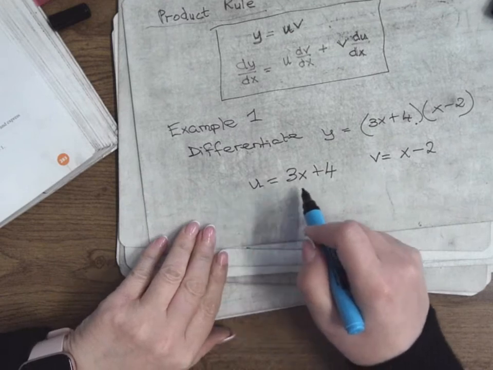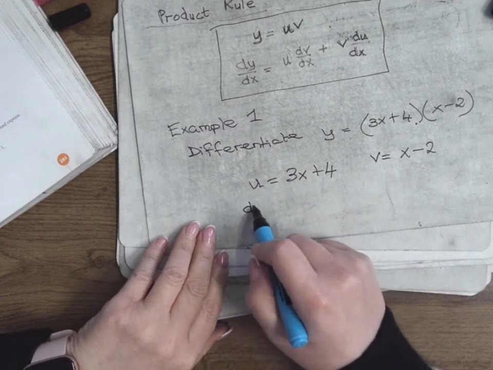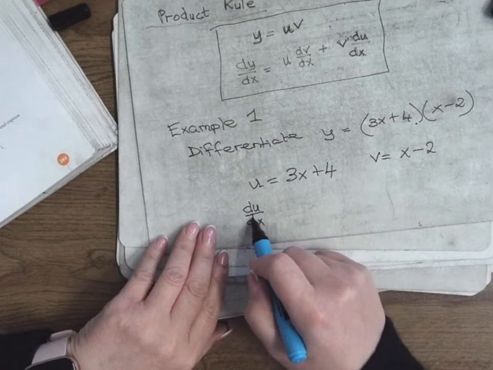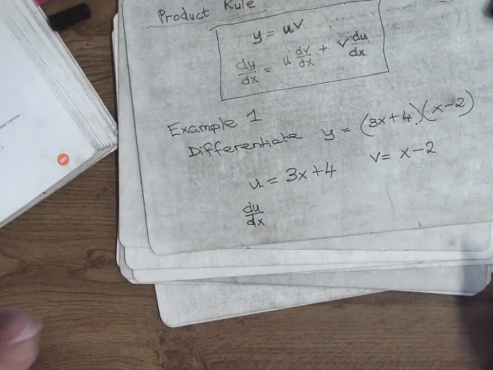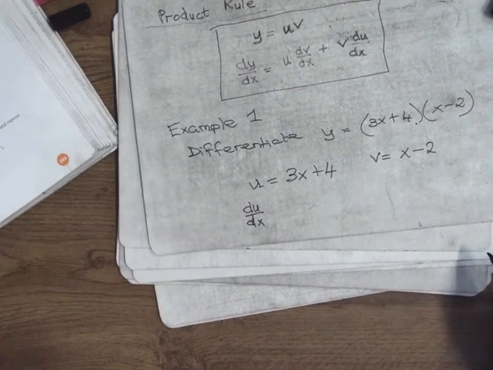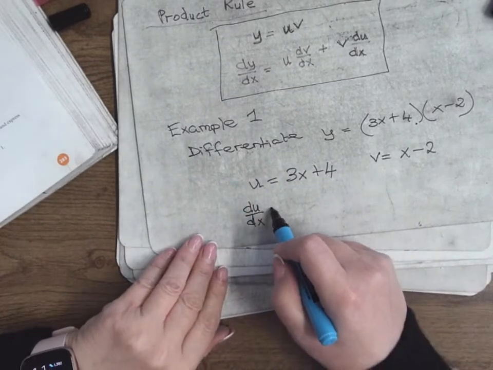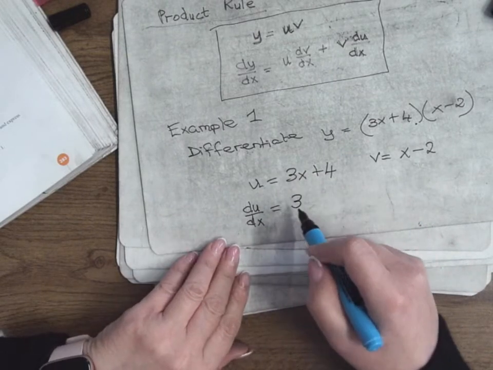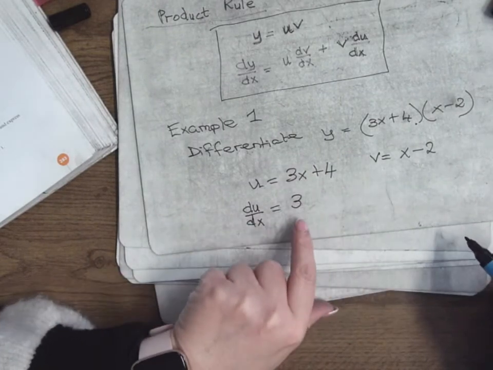Okay, you differentiate the first bracket and you call it du dx. Because up to now we were differentiating y equals and we called it dy dx. So now it's u equals, so it's du dx. Differentiate 3x plus 4, what did I get? 3. When you differentiate 3x, you get 3.